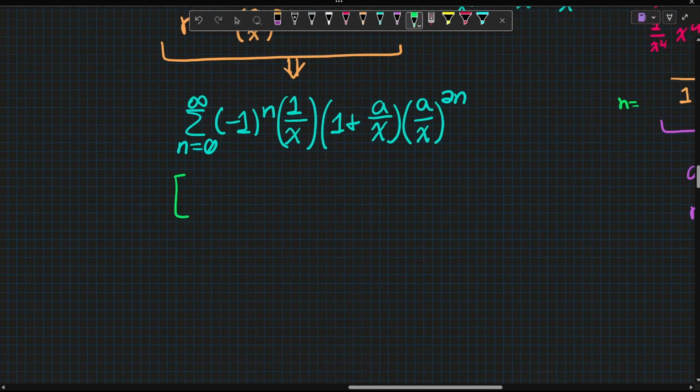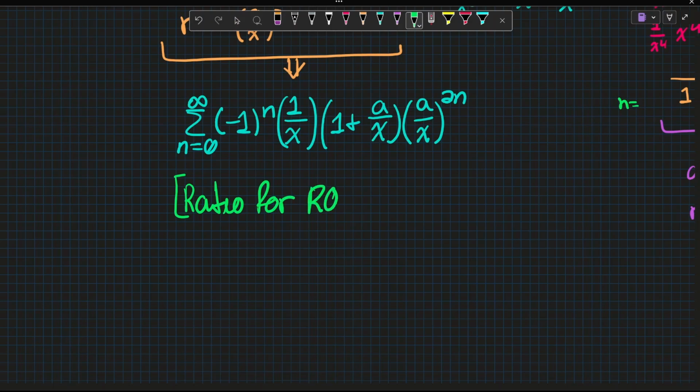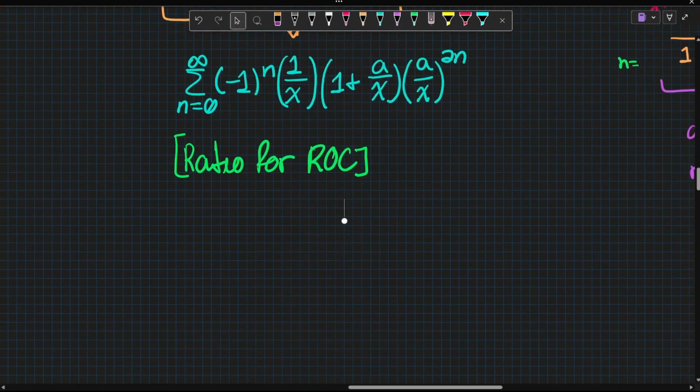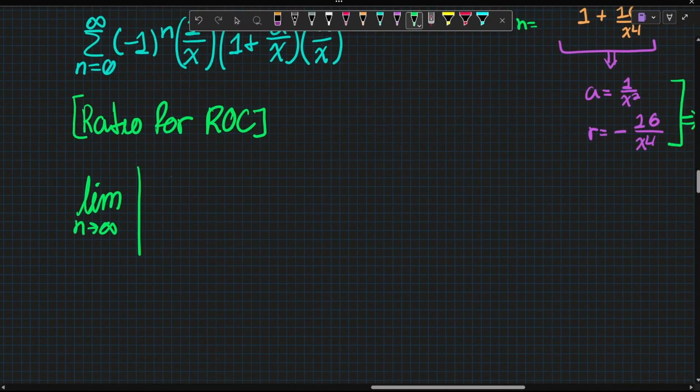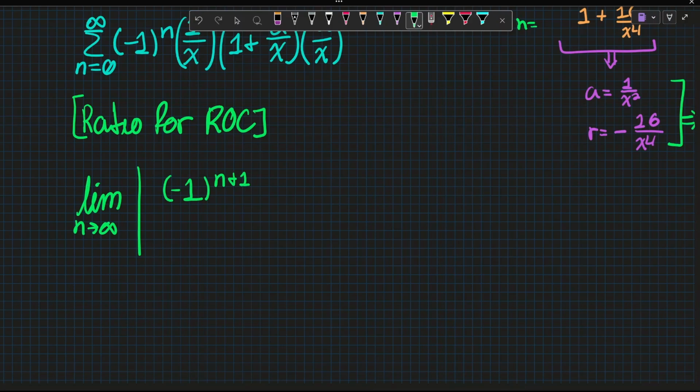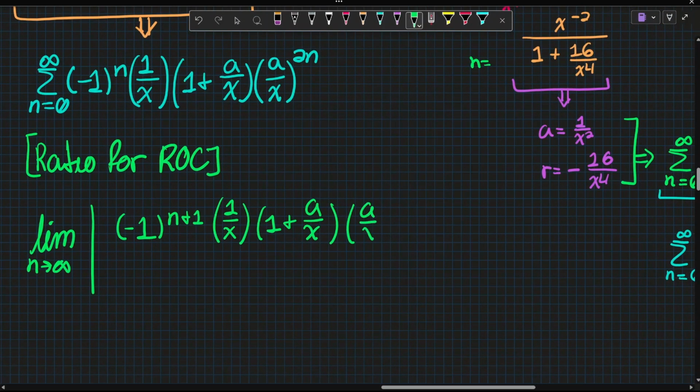So again, begin by stating you're taking the ratio for radius of convergence. Now you get, again, the limit as n approaches infinity of the absolute value of negative 1 to the n plus 1, we have 1 over x, 1 plus a over x, times a over x to the 2n plus 2.